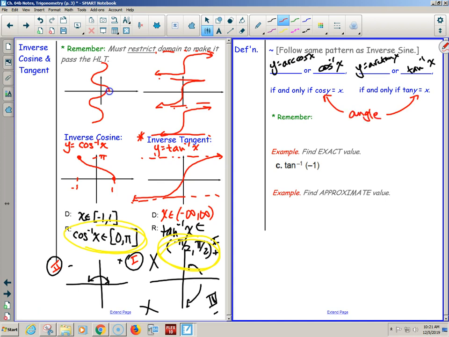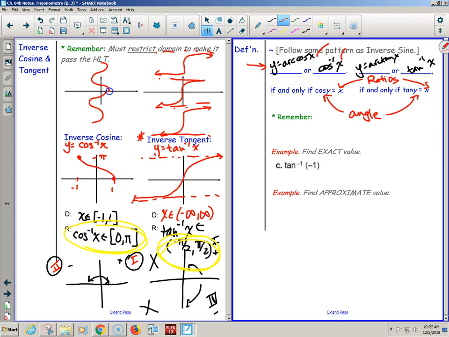Angles go into trig. What comes out? Do you remember from yesterday? Angles go in and what comes out? Ratios. It was a huge struggle yesterday, and for some of you, still a struggle today. But angles go in and ratios come out. But for inverse functions, remember it switches.